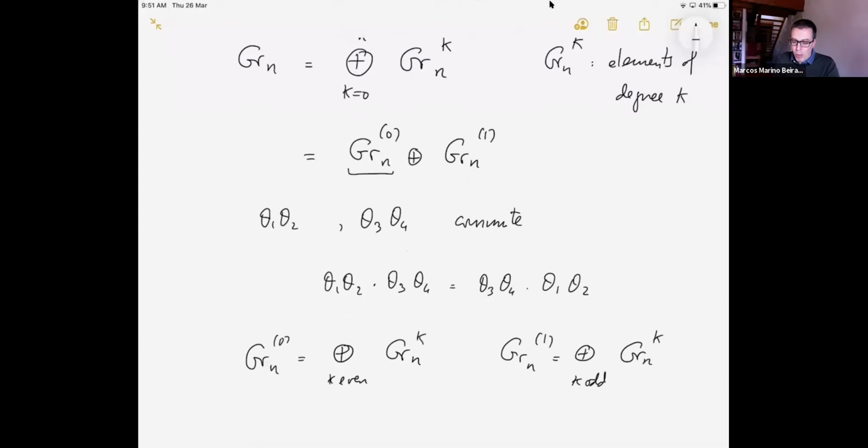These are elementary vector space decompositions of this Grassmann algebra.